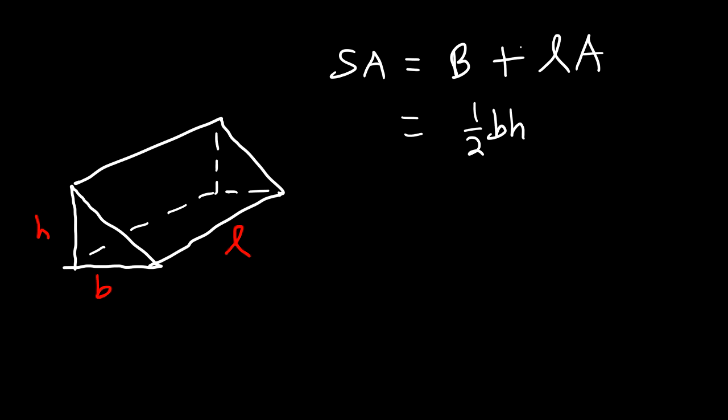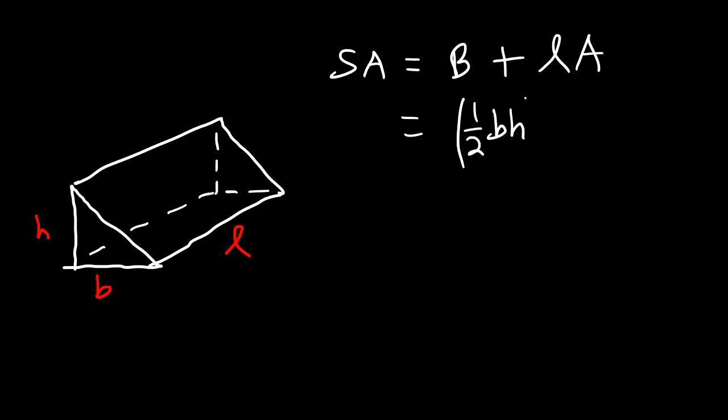Now, in order to find the surface area of a prism, it's going to be the area of the base plus the lateral area of the prism. Now, the area of the base is basically a triangle. So the area of a triangle is 1/2 base times height. So capital B represents the area of the base. Lowercase b is simply the length of one side of the triangle, the base of the triangle. So just make sure you distinguish capital B from lowercase b.